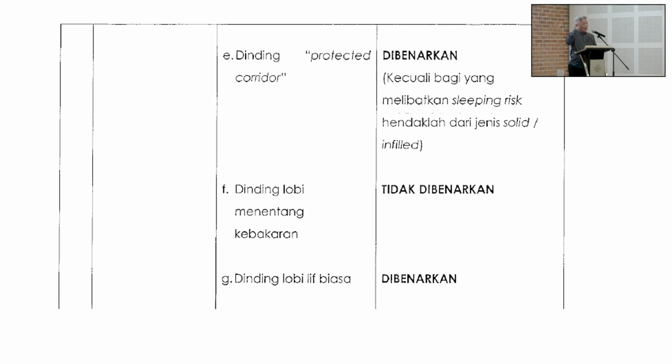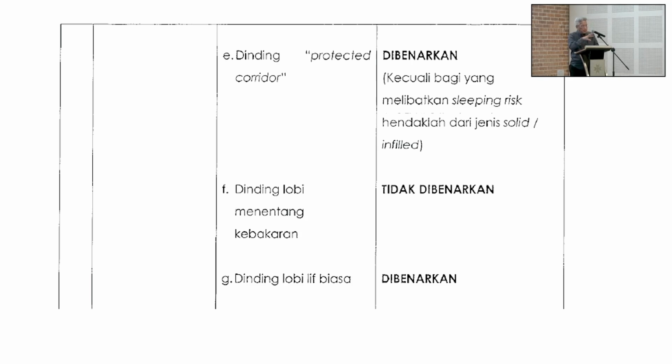Protected corridors. We talk about partitions, you see? Protected corridors, good, of course you can use drywall, because this one falls under the same category as within the office. If you're partitioning up the offices into different office cubicles and applying a protected corridor in your office, you only need a half-hour rating because there's a very, very specific prescription for how you do a protected corridor within an office space. So you are allowed.